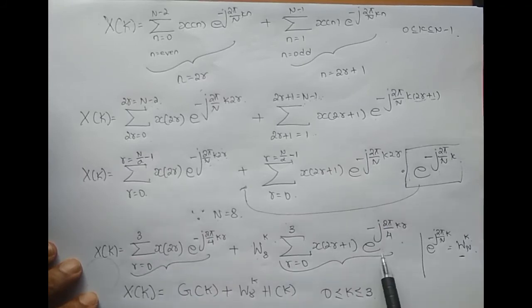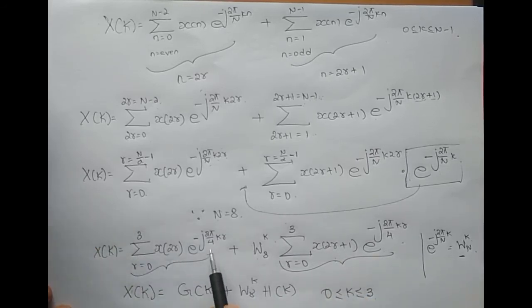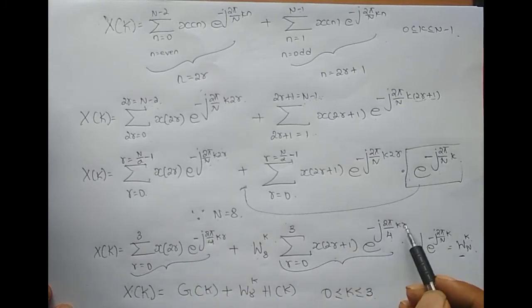This is the 4-point DFT of all the odd indexed samples, right? Because r is varying from 0 to 3, it is e power minus j 2 pi by 4 k into r, right? So I can write it as x of k equals g of k plus w8 power k, which I retained as it is, times h of k, and k is varying from 0 to 3. Why did I write 0 to 3? Because these two are 4-point DFT equations, right?